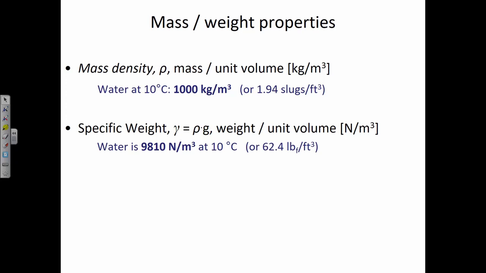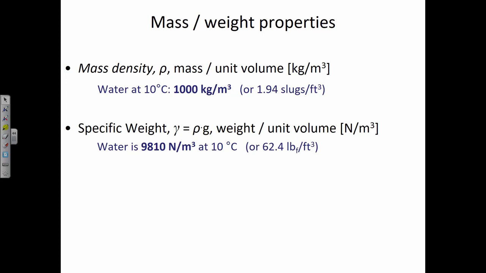Now, there's a familiar ring to the 981. What does that remind you of, 981? Gravity, right. So we go back here to the formula. Sometimes this is also called unit weight. Specific weight is just density times gravity.